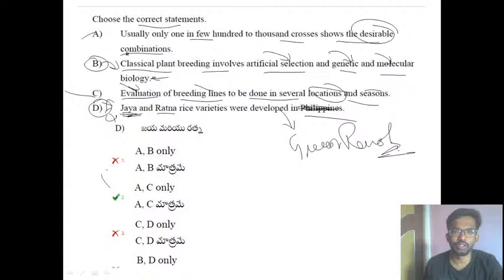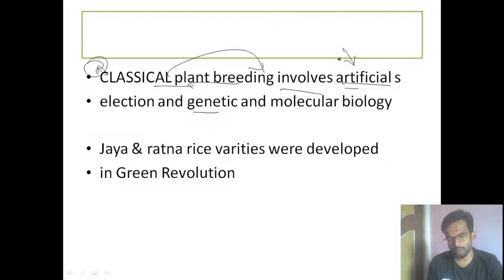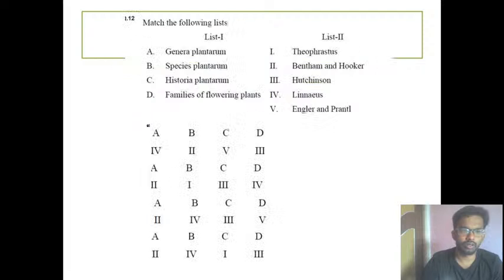And the statement that classical plant breeding involves artificial selection is wrong actually. It involves not only artificial selection, but also genetics and molecular biology. Got it? So the C option is wrong.